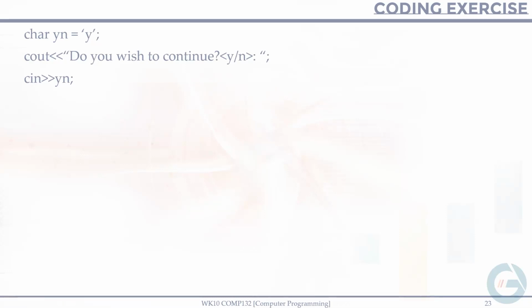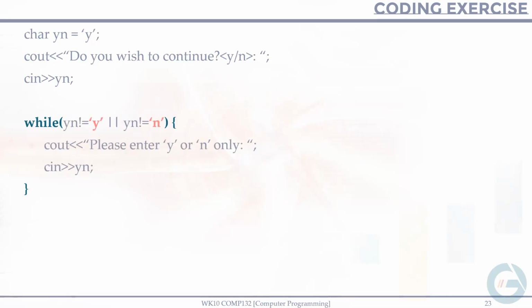This time, we are going to add a conditional statement, the while loop. This one will force the user to enter only y or n, so no other characters. But the question here is, what logical operator are we going to use?